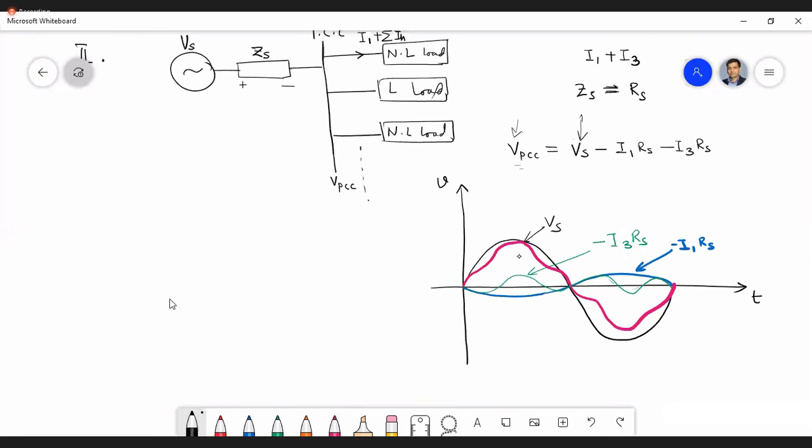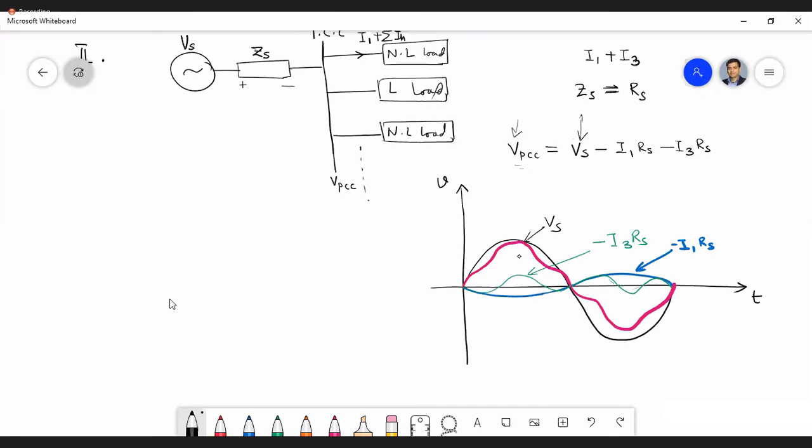So that means though we are assuming the source is perfectly sinusoidal, due to the current harmonic itself, the bus voltage, or this voltage of PCC, point of common coupling, also will not be sinusoidal. It will be distorted. Now certainly this distortion will be quite less compared to the distortion in the current.